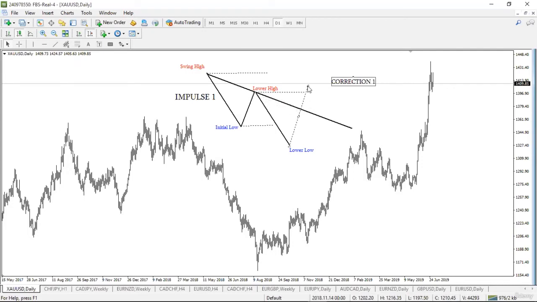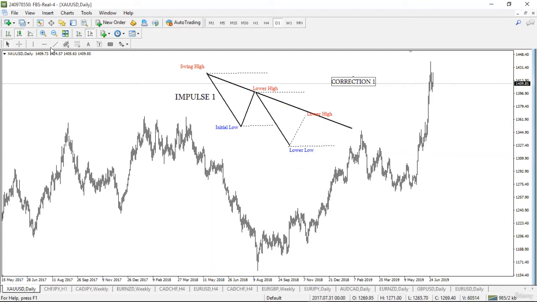If it does, then it's going to be a different story. Let's say it pulls back up to that price, and then this is your next lower high. In a downtrend, it must also create a low that is lower than this one.